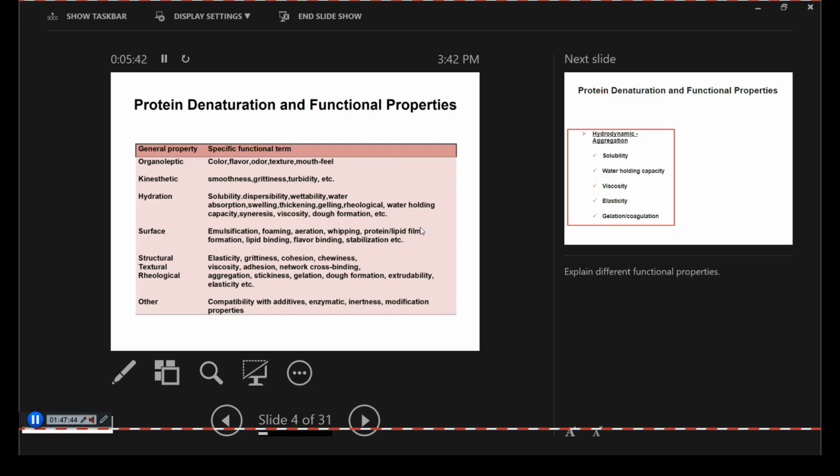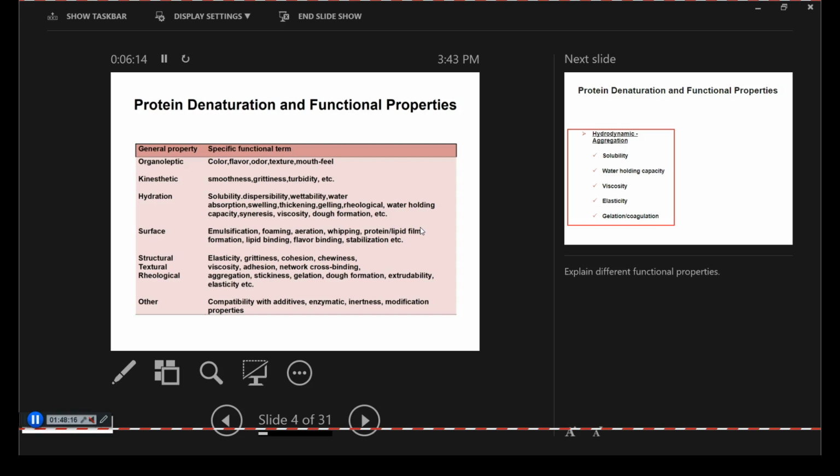Surface properties are what happens at the interface of two different phases. That has to do with emulsification, foaming, aeration, whipping, any protein-lipid interaction, even flavor and protein interaction, since flavor can bind on the surface of the protein as well. Structural and rheological properties mean elasticity, cohesion, chewiness, viscosity, aggregation.